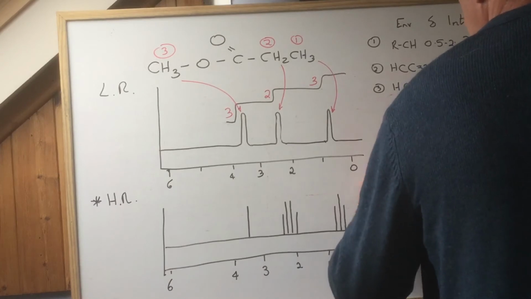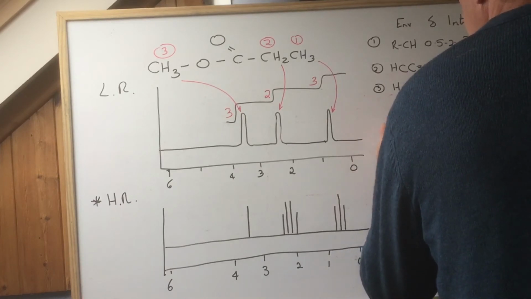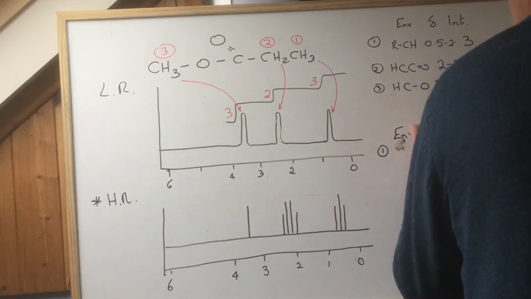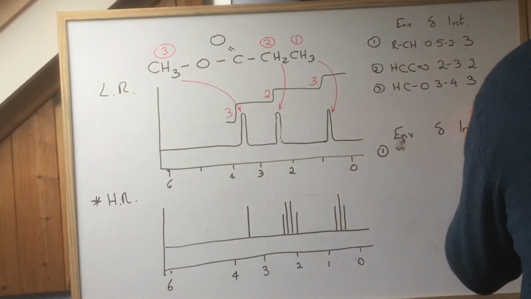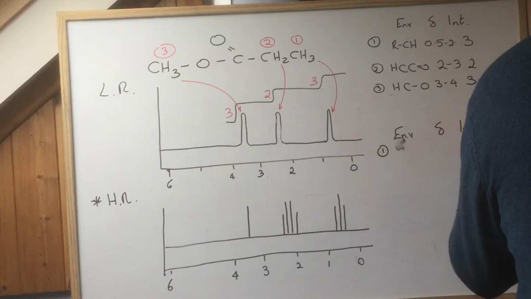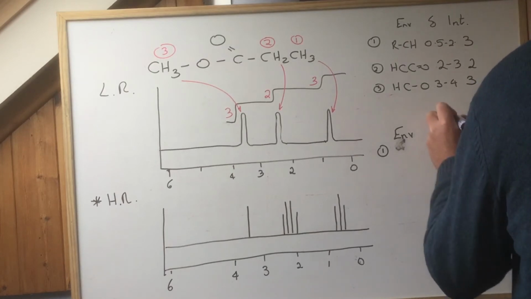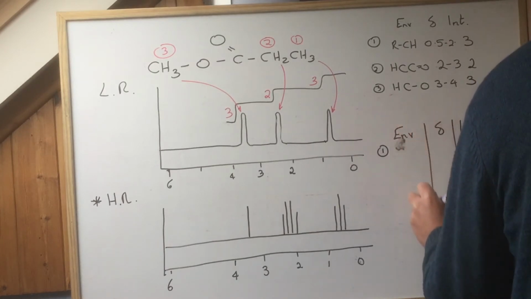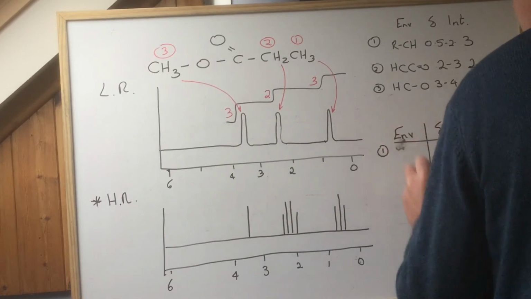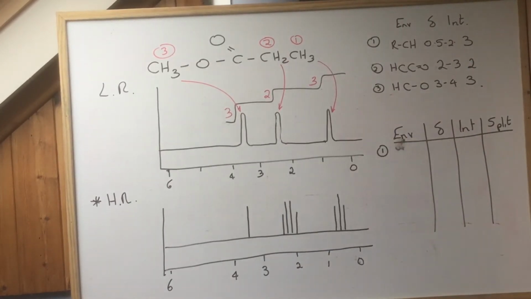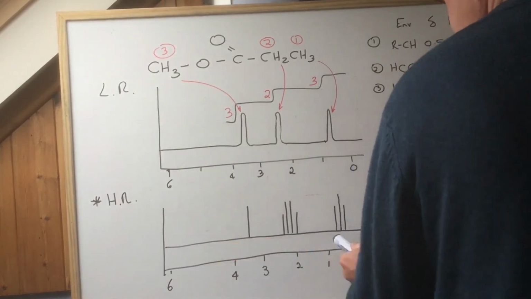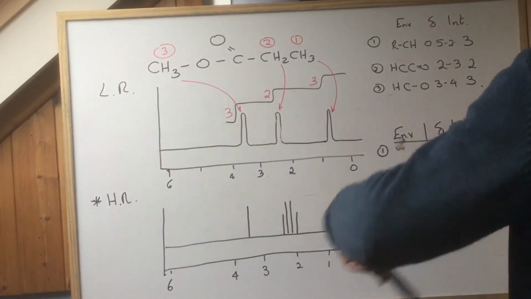In terms of doing a table for these in the exam, it's very similar to the one above it. So we'll have environment, delta, chemical shift, integration, with one more column, splitting. This is the table that you should produce whenever you get a spectrum and you have to analyse it, because of course you have to go the opposite direction ultimately. But imagine you've got this. Let's try and go in this direction.